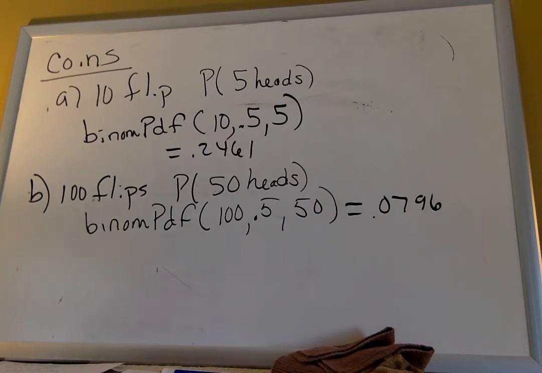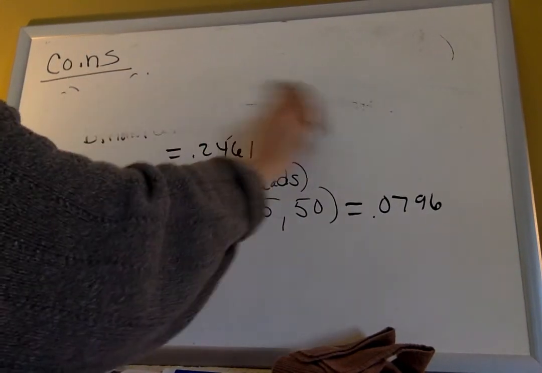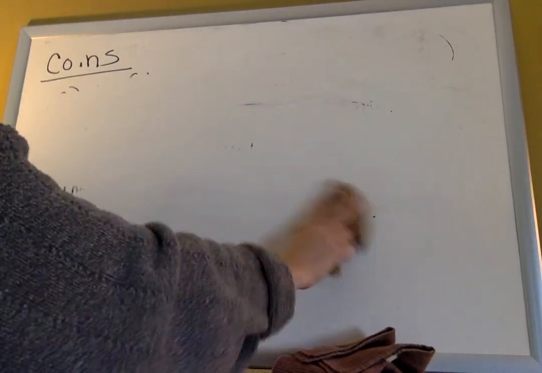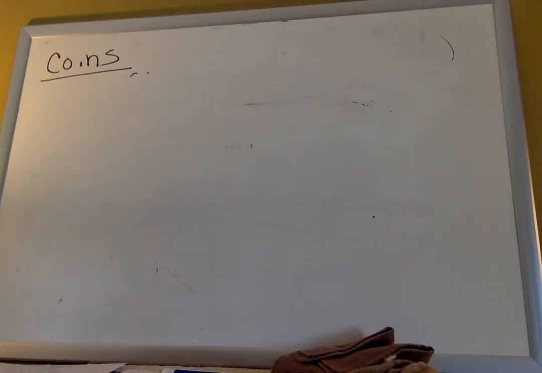Now, a lot of times in class, particularly when we are in person and talking about flipping 100 times, I'll stand up there and make comments. Yes, most of you would get between 40% and 60% heads or something like that. Where am I pulling that from? How do I know that? Well, let's do something similar for part C. At the time when I do that in the classroom, I can't prove it to you because it's a binomial.